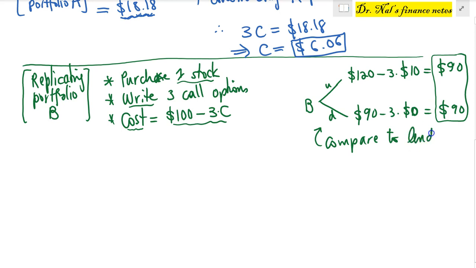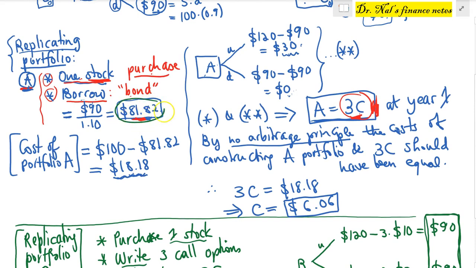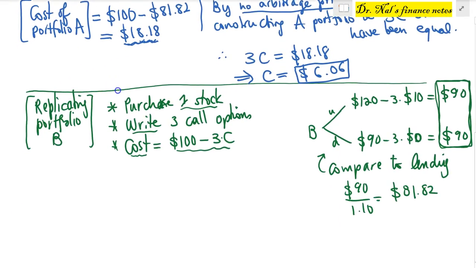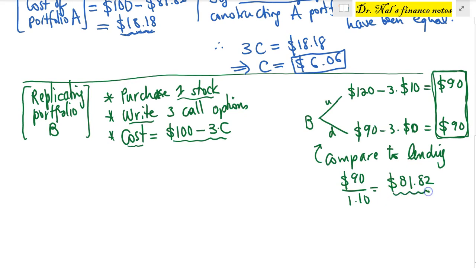Compared to lending, how much should you lend so that a year later you can get $90? That would be just 90 over 1.1. So compared to lending, $90 divided by 1.10 would be exactly $81.82. You might remember this from before, and that's pretty good. And obviously this $81.82 will be expiring a year later. You will be repaid the principal plus the interest, which will add up to $90.